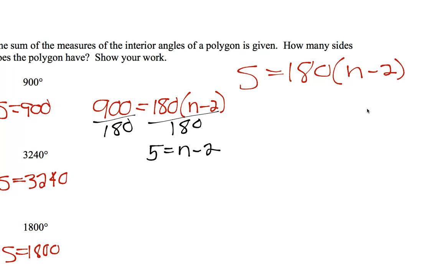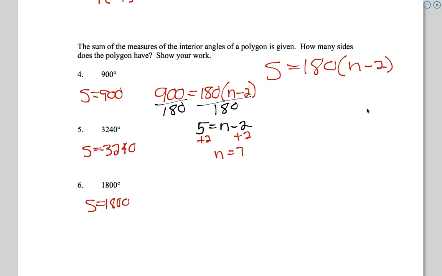And now those parentheses don't need to be there anymore. So it's a 7-sided polygon. And nothing changes for 5 and 6.